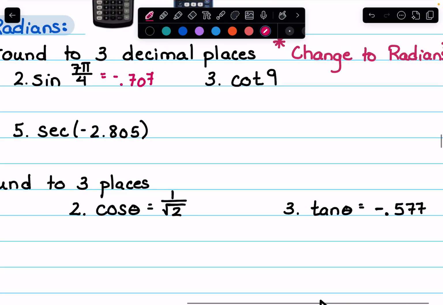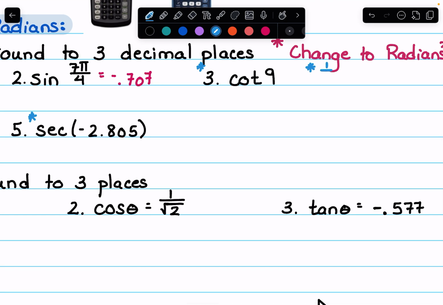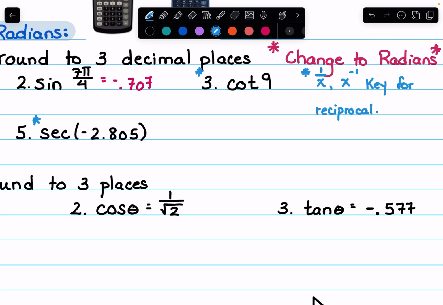So these buttons over here, the number 3 and number 5, we don't have a cotangent button and we don't have a secant button, right? So those little stars right here, that's when we use our reciprocal button. So it's either going to look like this or like this. So you're going to use these keys for reciprocal. Because you don't have a cotangent button, but you could hit tangent, right, the reciprocal.